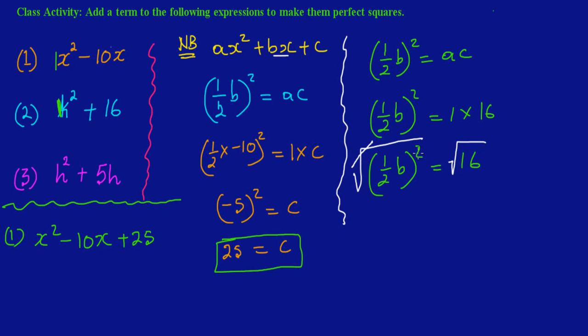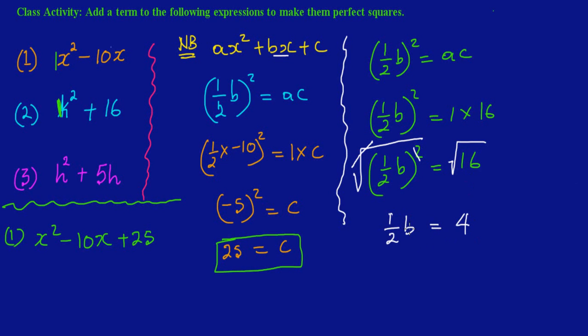The square root would cancel the square, so we're left with a half of b equal to the root of 16, and I'm really taking the positive root of 16. Now we have a half times b.